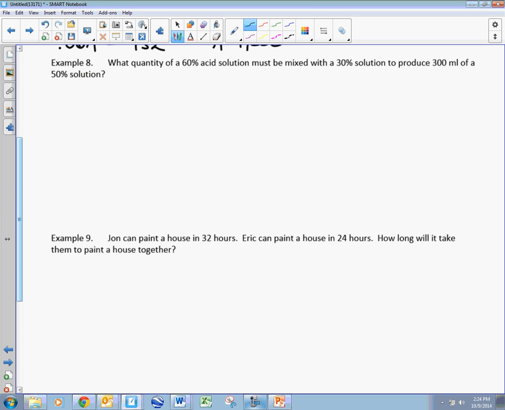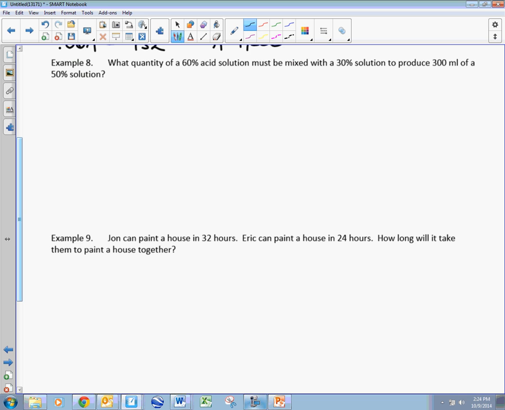We want a total of 300 milliliters. We want it to be exactly half acid, half water. That's kind of tricky.